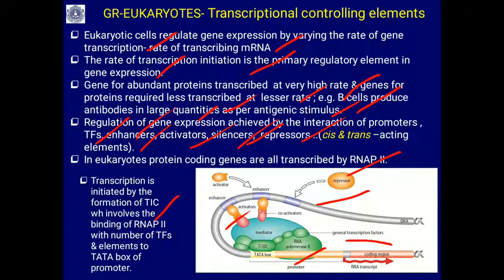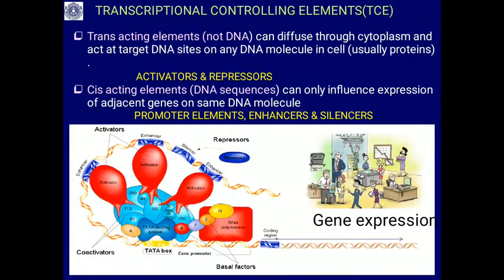You can see it here, with a number of transcription factors and elements: enhancers, silencers, repressors. Ultimately, all these elements influence the transcription factors to bind with the TATA box, so that RNA polymerase synthesizes mRNA that is translated in the ribosomes. There are so many controlling elements that you see.